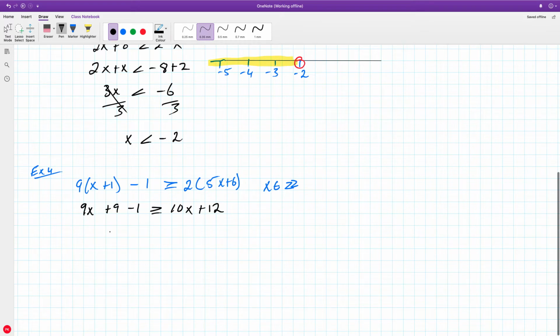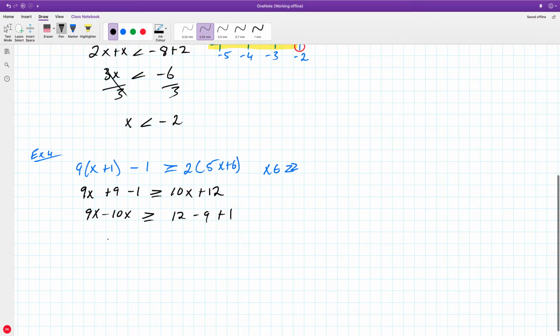So that's 9x minus 10x greater than or equal to 12 minus 9 plus 1. Minus x greater than or equal to 12 and 1 is 13, 13 minus 9 is 4, yeah? Divide by minus 1. x is less than or equal to minus 4.